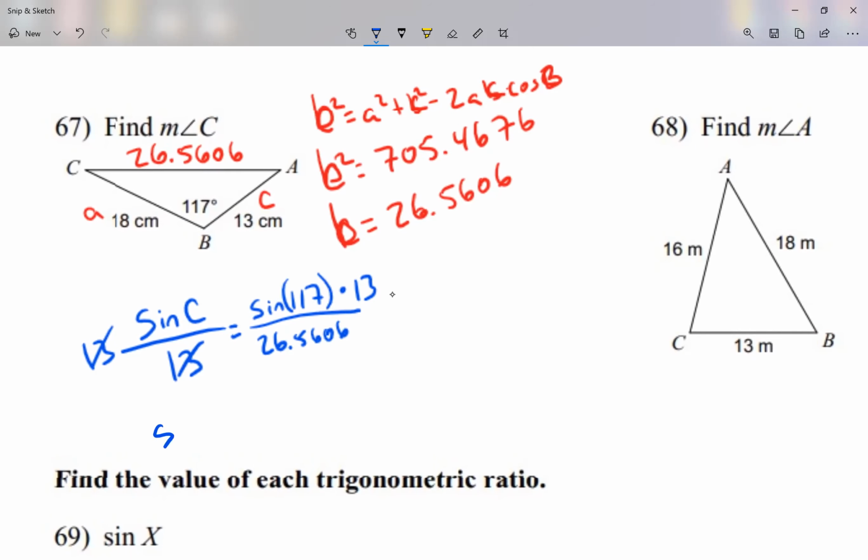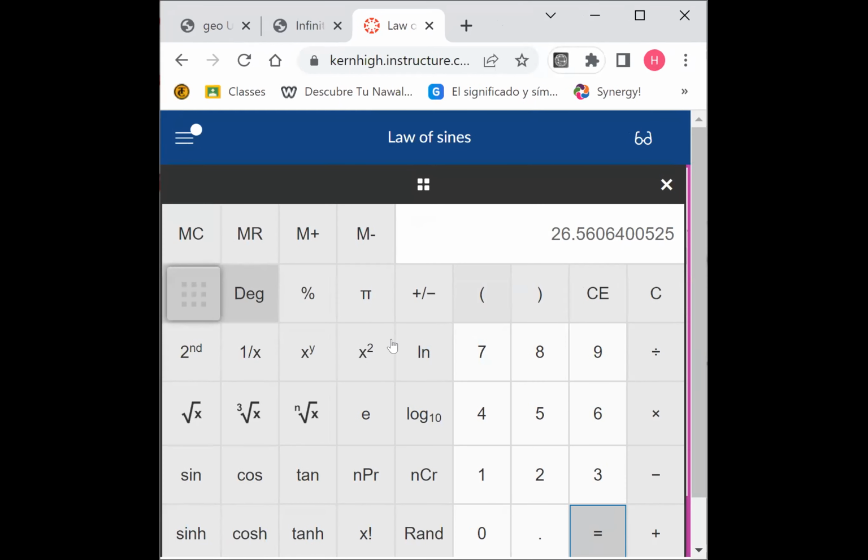So sine of C equals sine of 117 times 13 divided by 26.5606.